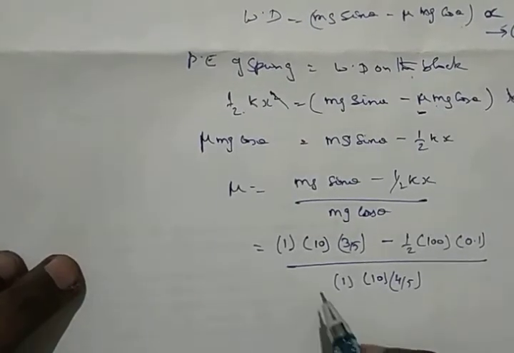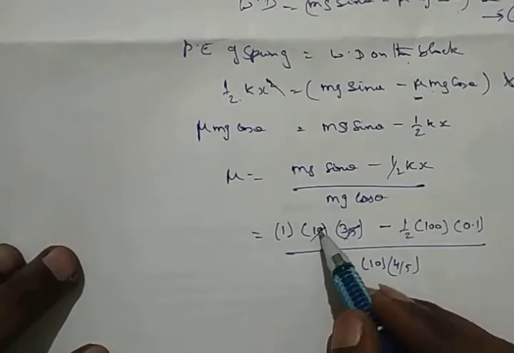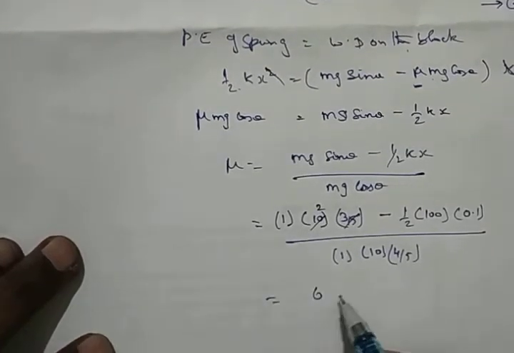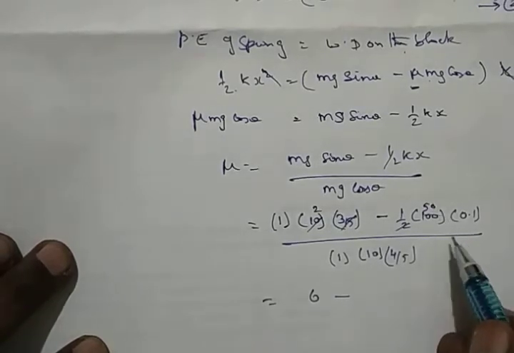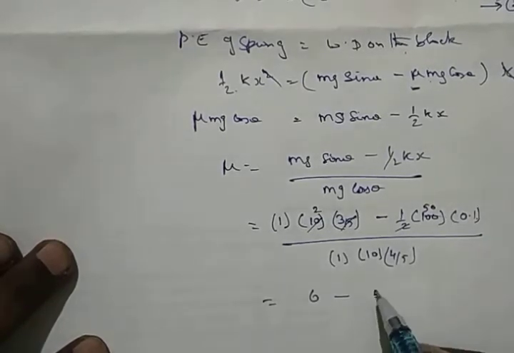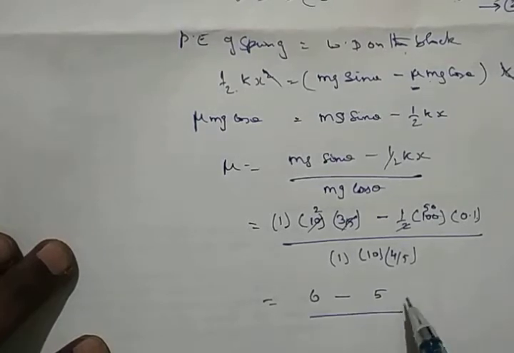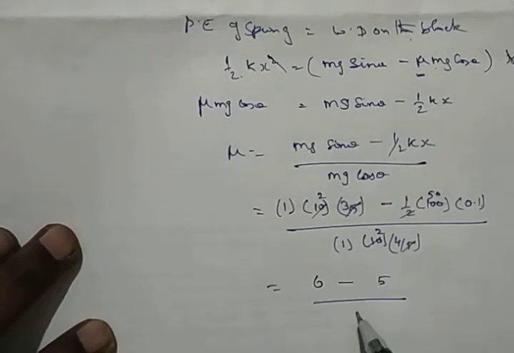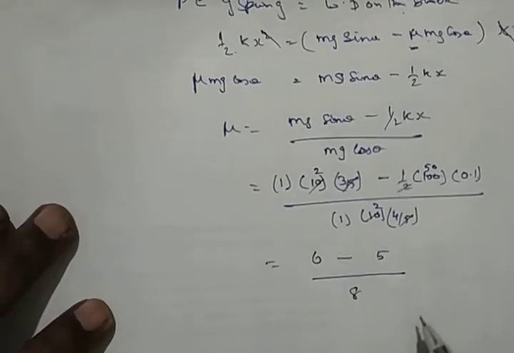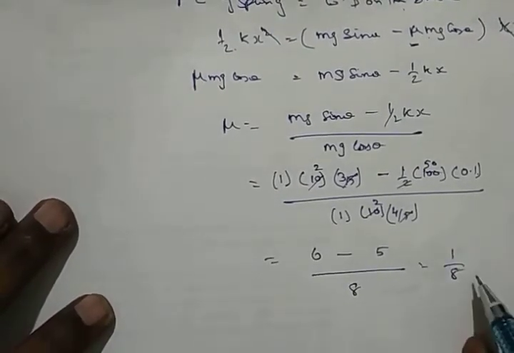Right, every parameter we have been able to do. So this one gets cancelled, you get 2 here, so it is 6 minus, here it's 50, 50 into 0.1 is 5, divided by, this is 2 here, and down here, 8. What a simple thing, 1 by 8.